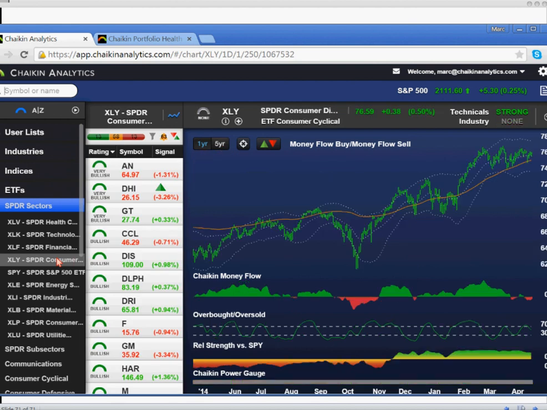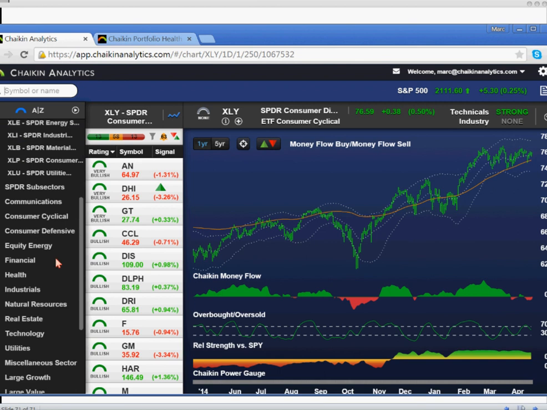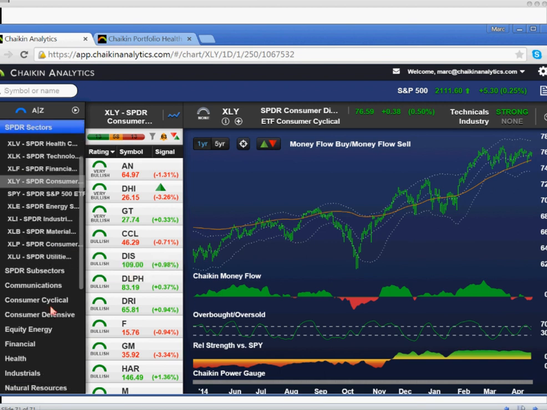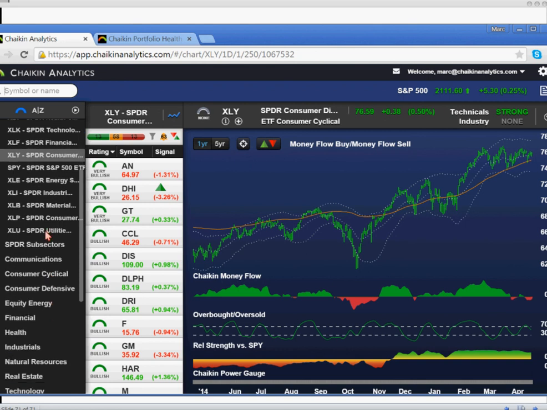And then as we showed you earlier, you want to then go into one of these sector groupings or industry group groupings and find the names that are in the best ETFs.